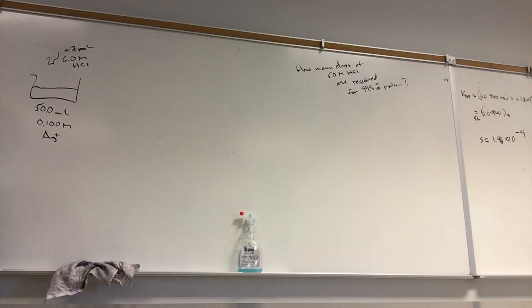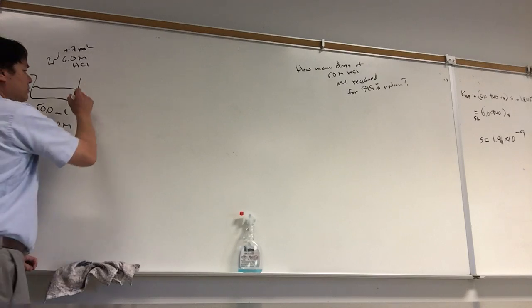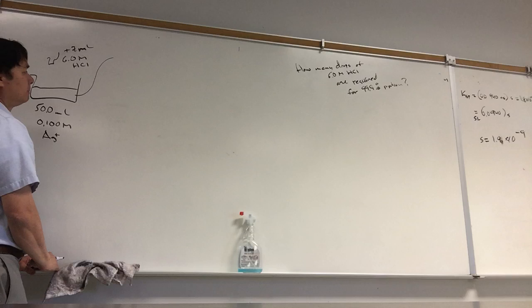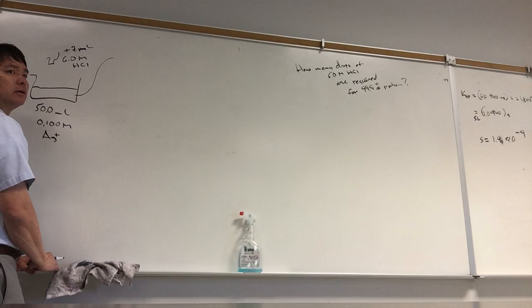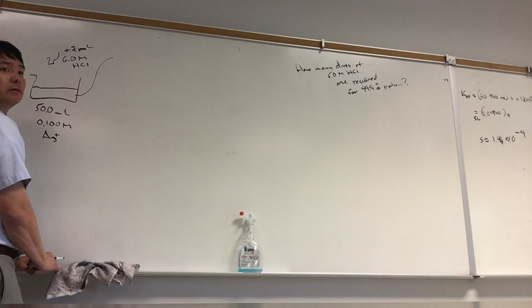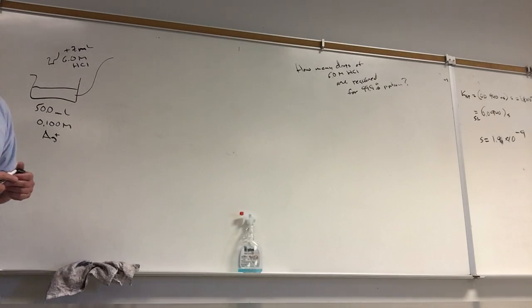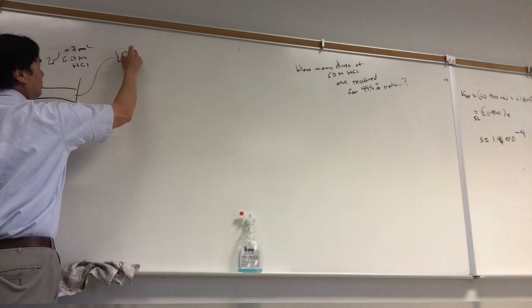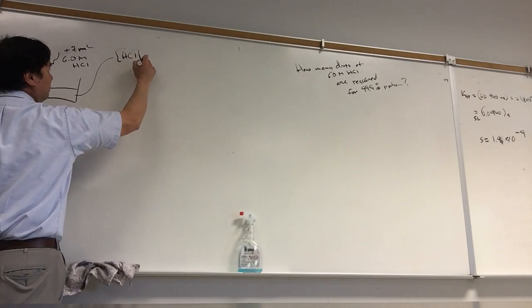And so let's just set it up like we set up the others. What's the first thing we need to do from here? Reset. We're not going to reset. We're going to dilute, solution dilution, right? And so we need to figure out the new concentration of HCl.